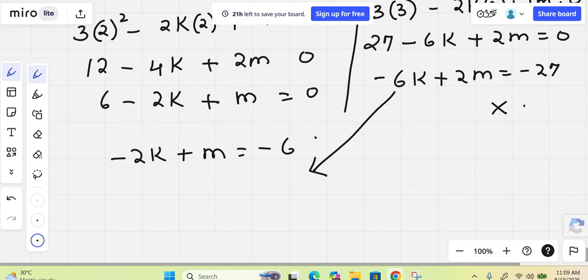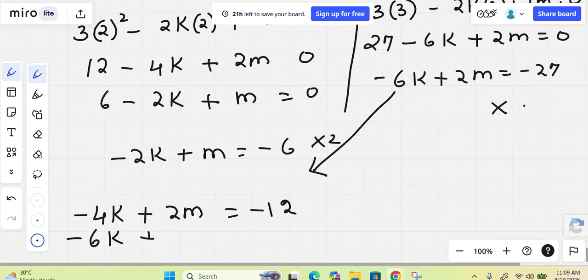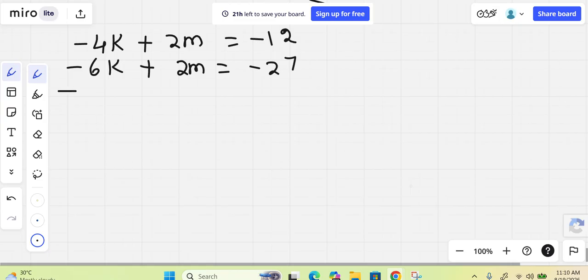So this will become minus 4k plus 2m equal to minus 12, and this is minus 6k plus 2m equal to minus 27. To eliminate, I will change the sign.